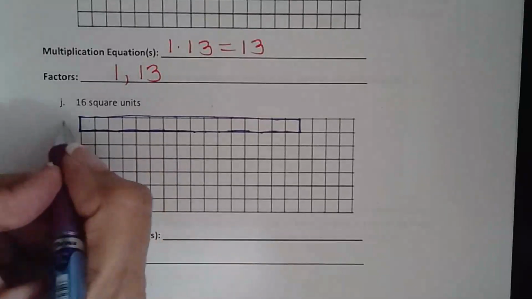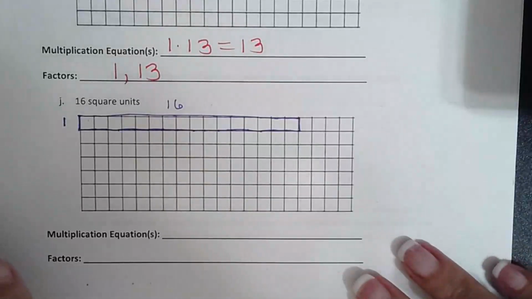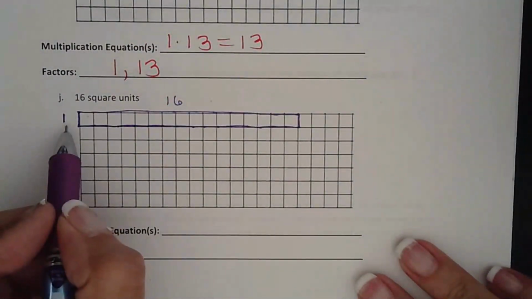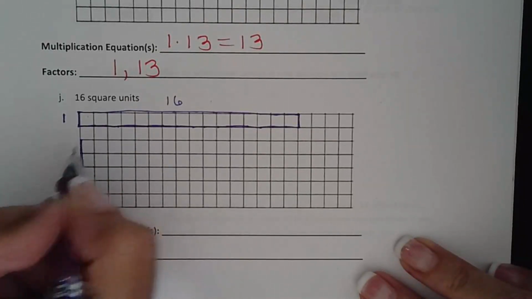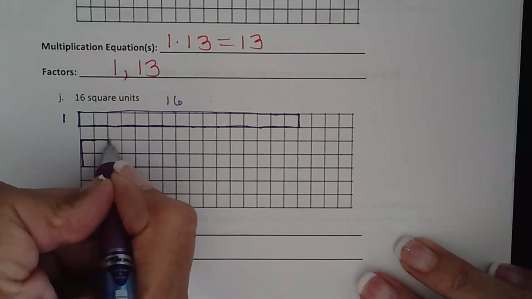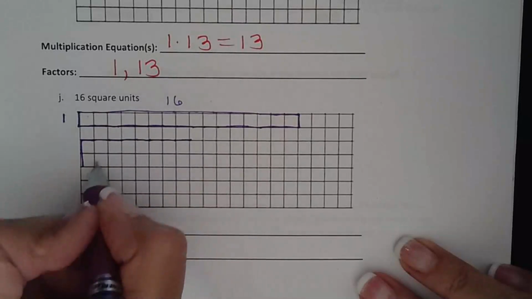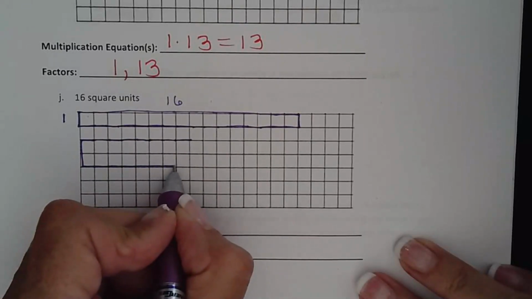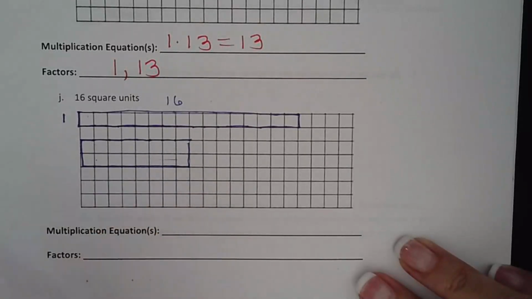There's 16 square units in that one because each box is 1 square unit. Then we go up from 1. Does 2 go into it? Yes. 2 times 8. So there are 16 square units in that as well. 8 plus 8 is 16.